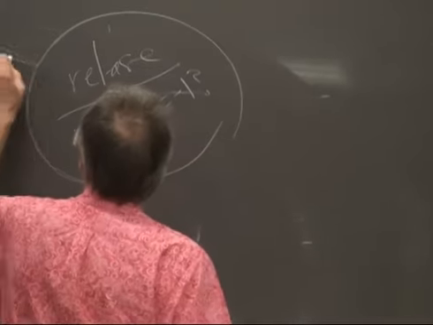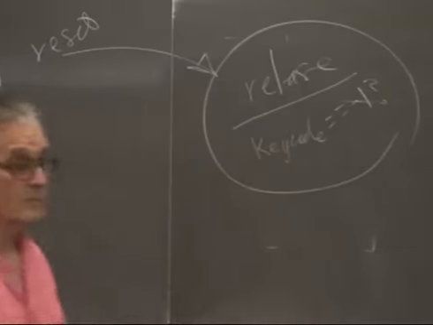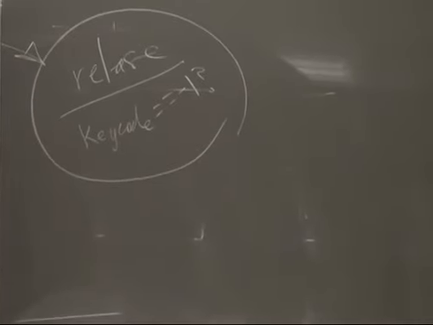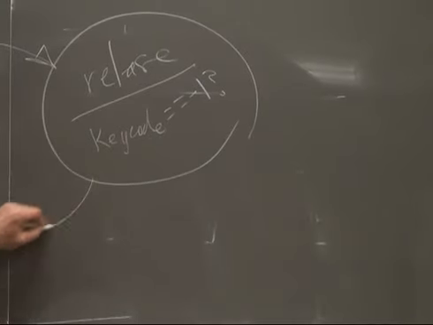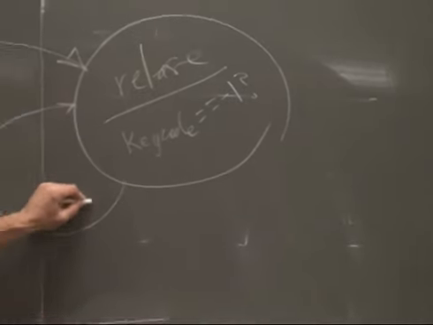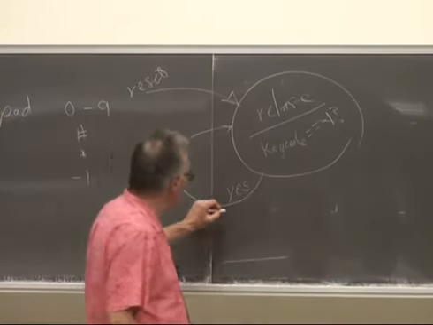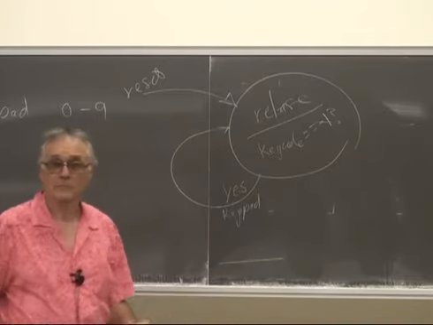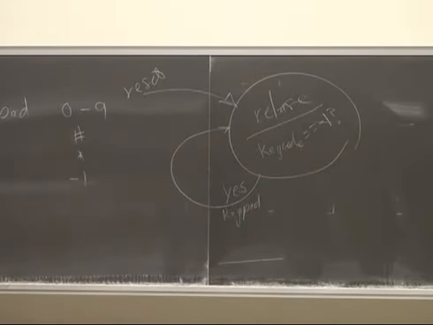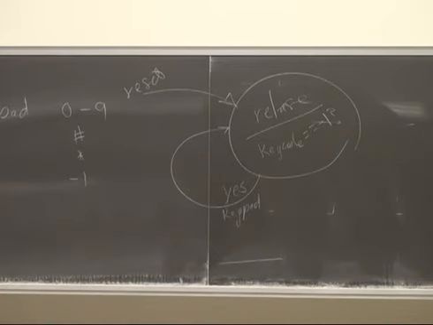And we're going to enter this at reset. If the answer is yes, we do nothing but call the function keypad. If the answer is no, we go to another state called maybe.